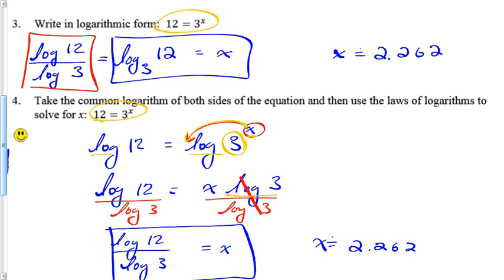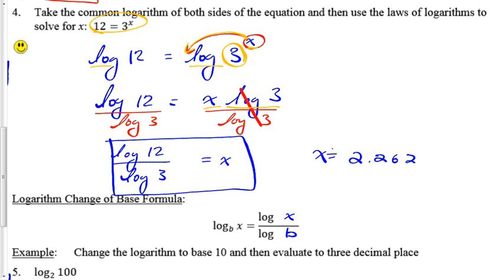So again, a logarithm is an exponent, so it's multiplied to this exponent. And then we finished off by dividing out the log of 3 to both sides, and we end up with the same answers we had for the previous question. Okay.